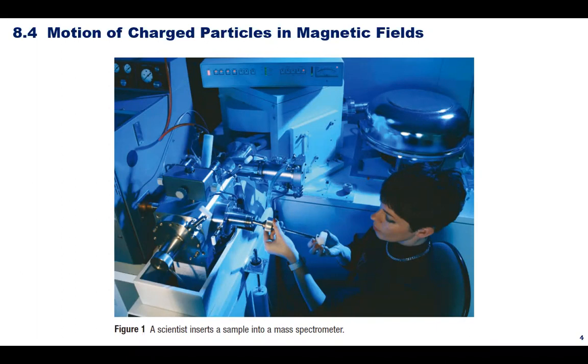Lighter ions are deflected more than heavier ones. Ions with more positive charge are deflected more than ions with fewer positive charges. Only some ions make it all the way through the machine to the ion detector, where they are detected electronically. If you vary the magnetic field, different types of ions will reach the detector.